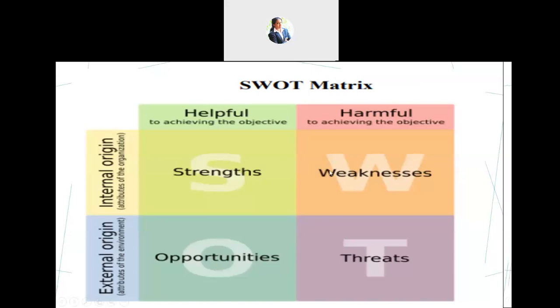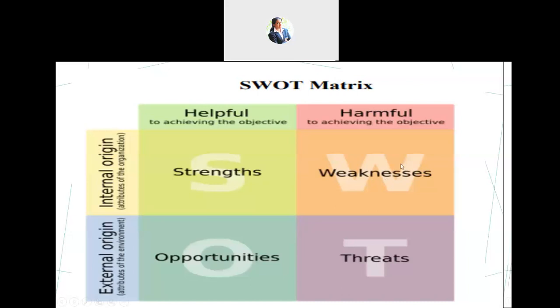Now, speaking about weakness, it is also an internal origin component and an attribute of the organization, but it is harmful to achieve the objective of the organization.